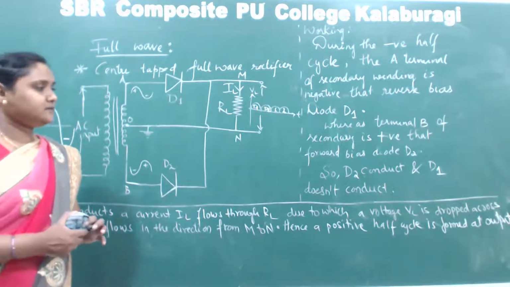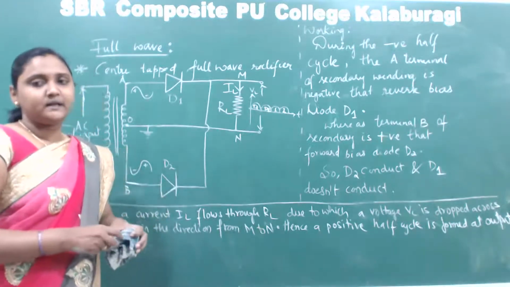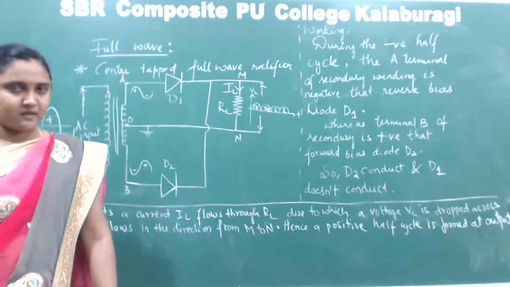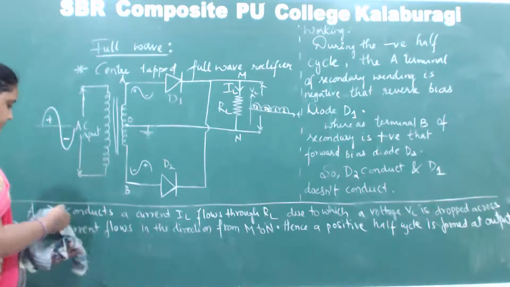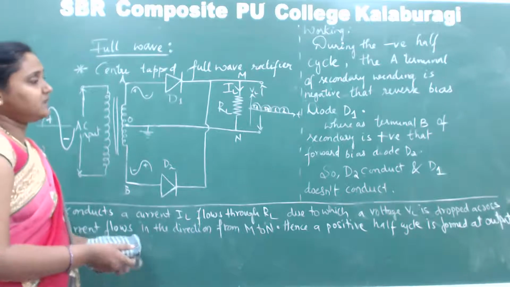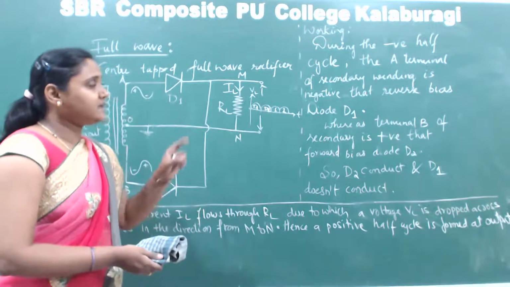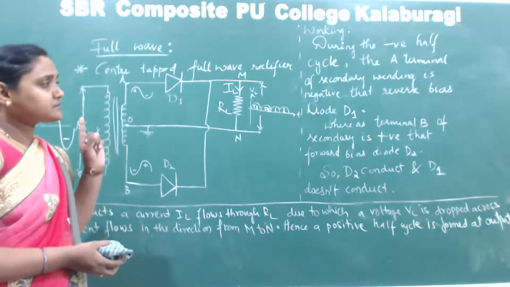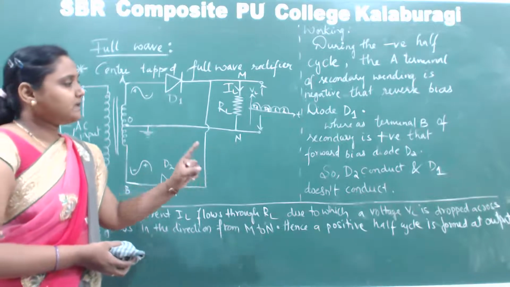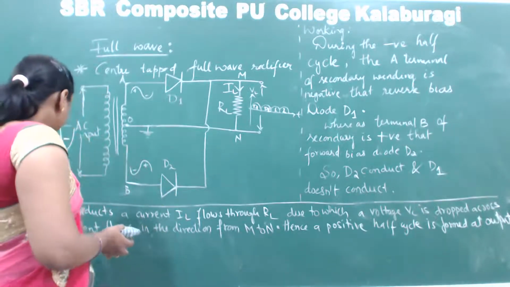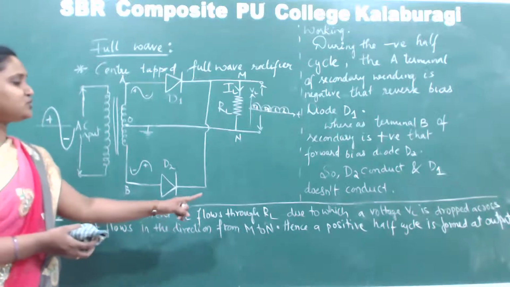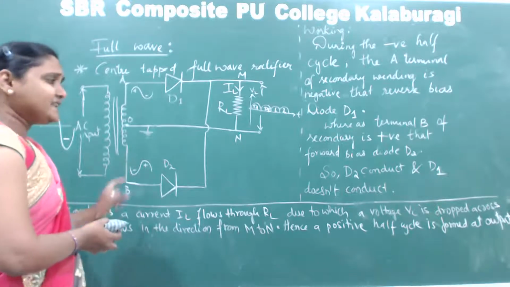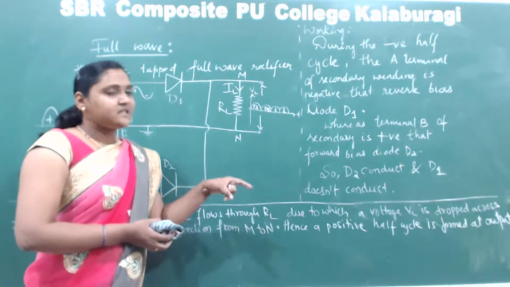This I have explained with the circuits also in detail. So this is the working for the negative half cycle. During the negative half cycle, terminal A is negative, that reverse biases D1, whereas terminal B is positive, that forward biases D2. D2 conducts, D1 doesn't conduct. As D2 conducts, a current IL flows through RL due to which a voltage VL is dropped across RL, and this voltage drop VL itself is the output.